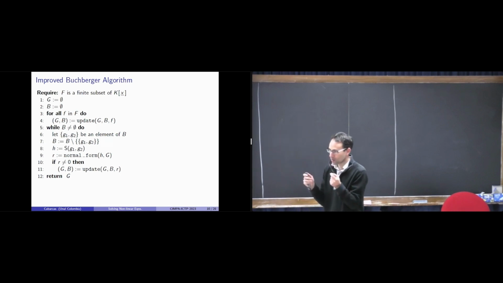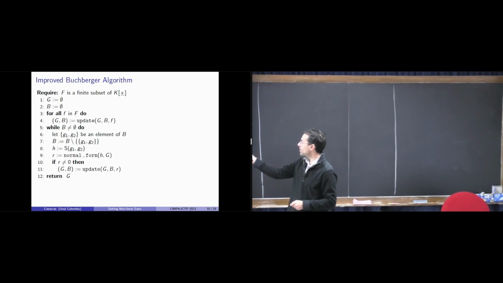And I'm going to show you how this is done in the Buchberger algorithm. In the case of the Buchberger algorithm, instead of taking every element from the original set of polynomials F, and every S-polynomial and every pair, we're going to have an update function. This update function is going to insert elements of F one at a time into the basis G, and it's going to form pairs.